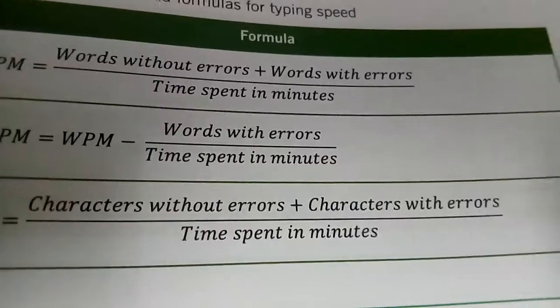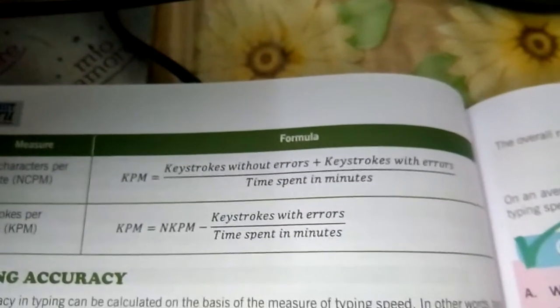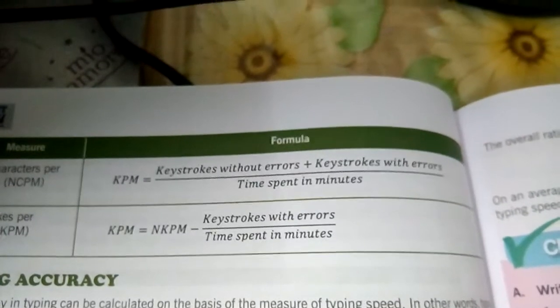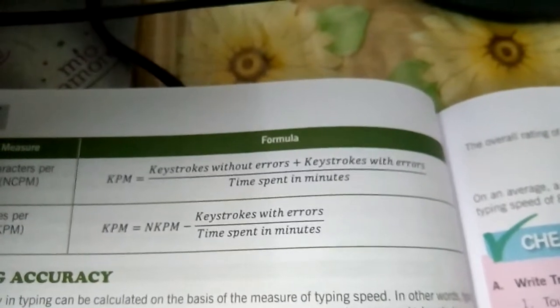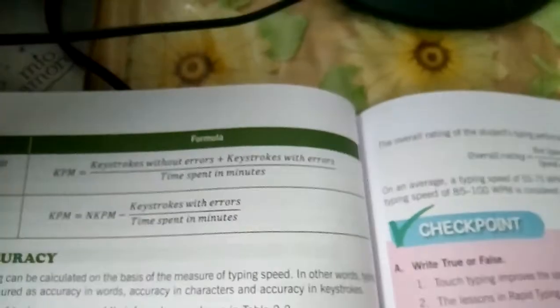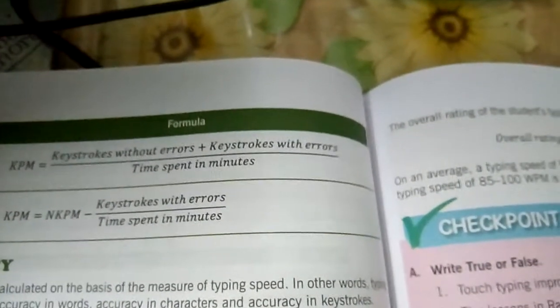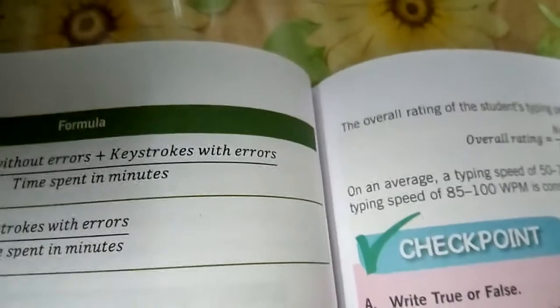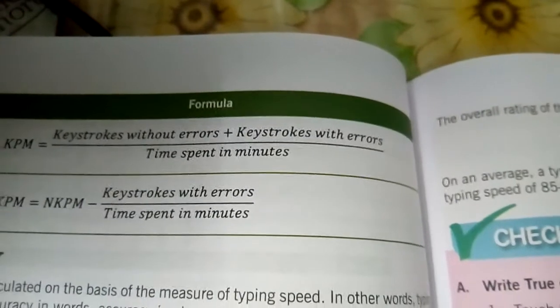Okay, next one is KPM. KPM means what? That is keystrokes per minute. Actually this one has been given by mistake, it will be NCPM. NCPM means net characters per minute. NCPM is equal to what? Keystrokes without error plus keystrokes with error.